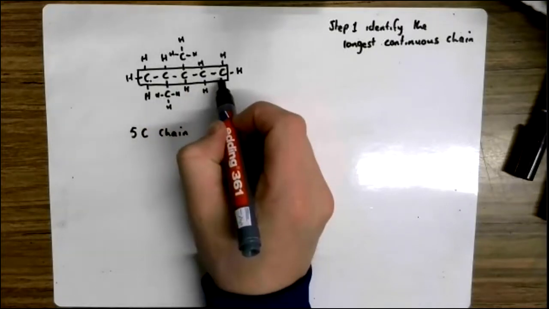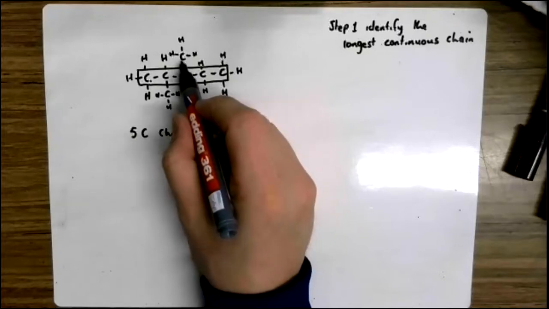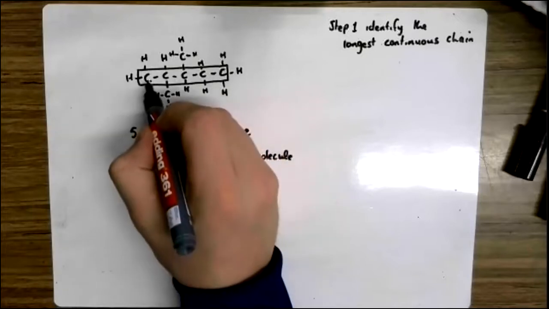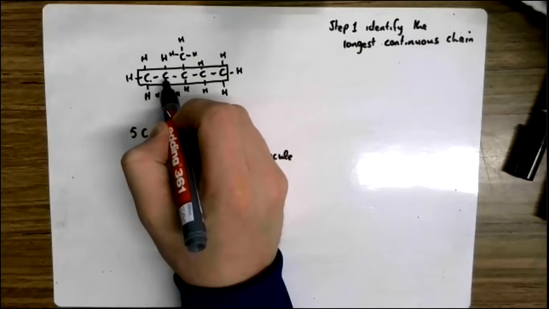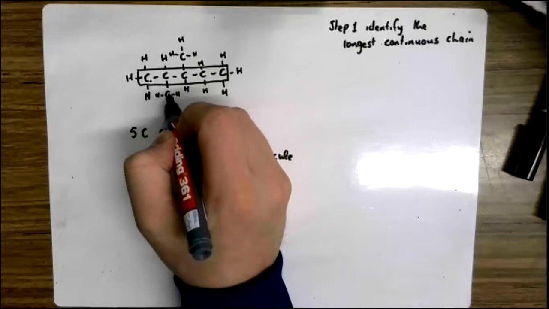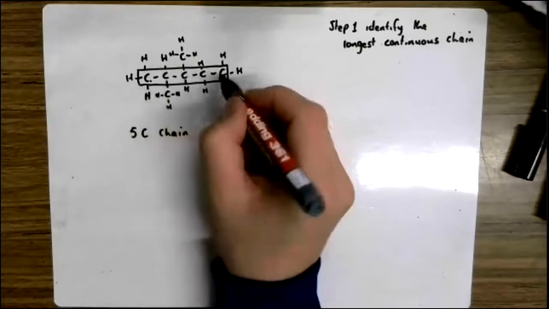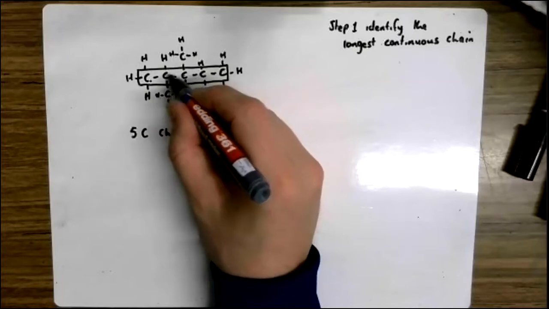So if I start from this side, that would be 1, 2, and there's the first branch on number 3. If I start from this side, I've got 1, 2. The first branch is on 2. So I'm going to start from this side because it's going to give me the lower numbers for the branches. If I start from this side, my branches are going to be on carbon 3 and carbon 4.